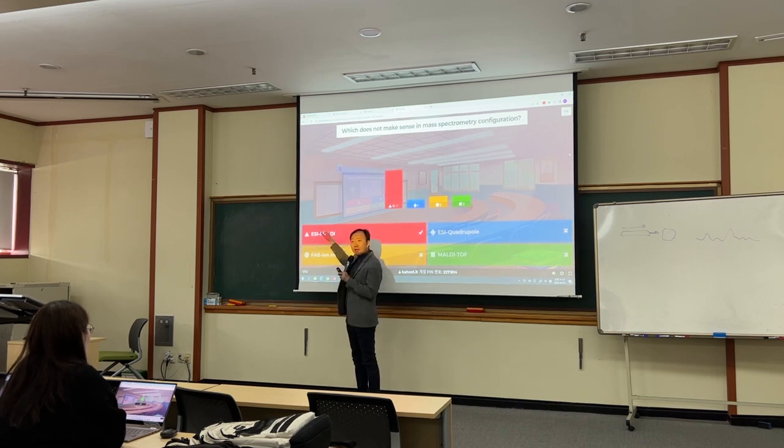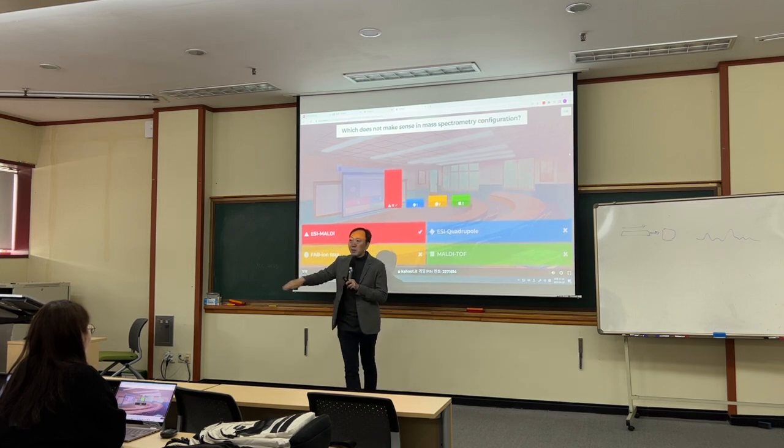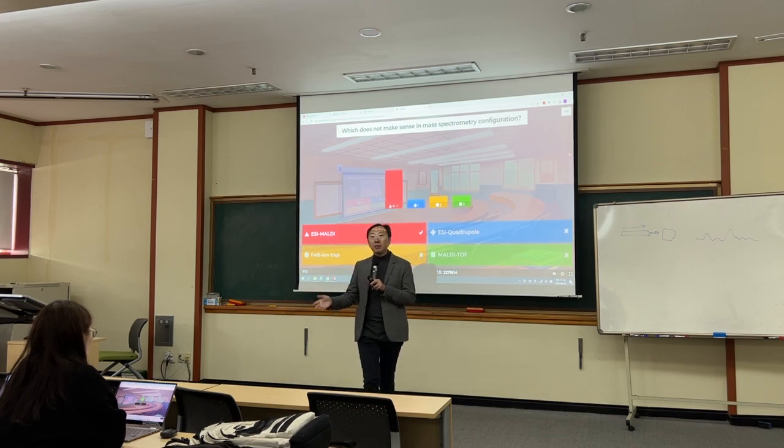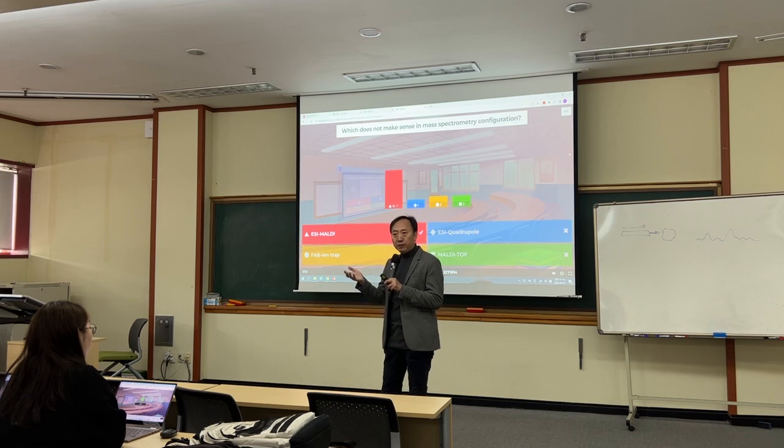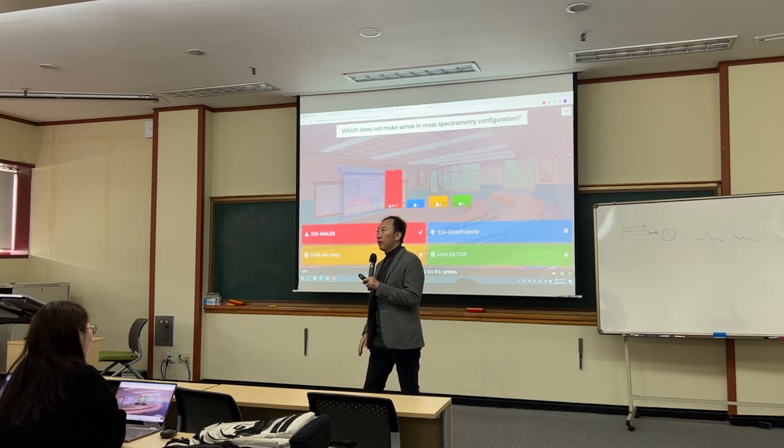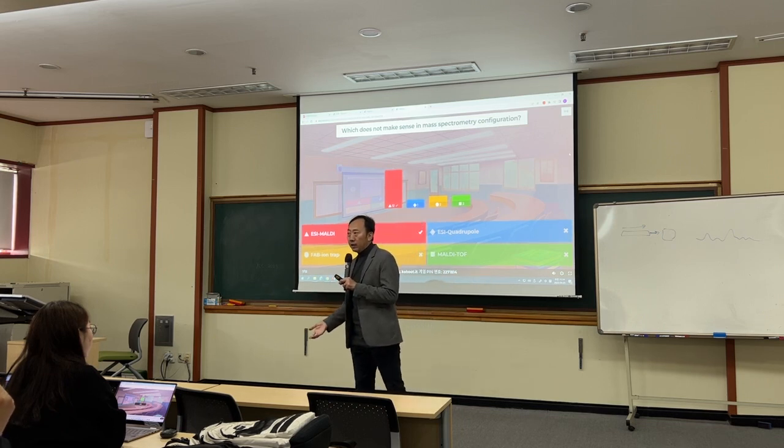So it doesn't make sense. You should have one ionization method and the other side should be the analyzer, those are separated parts. So that is the name. So now, if you hear the name of a mass spec, MALDI TOF, okay, ionization is done by spotting of the matrix, and then separation has been done by time of flight.